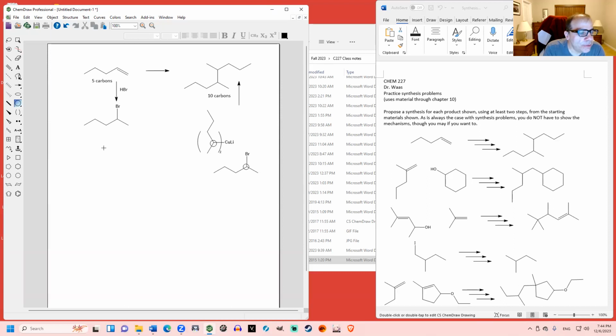So then all we need to do is remember how to make the cuprate. And the way you do that is you take some of this bromide and you first add lithium. That's also a chapter 10 reaction.